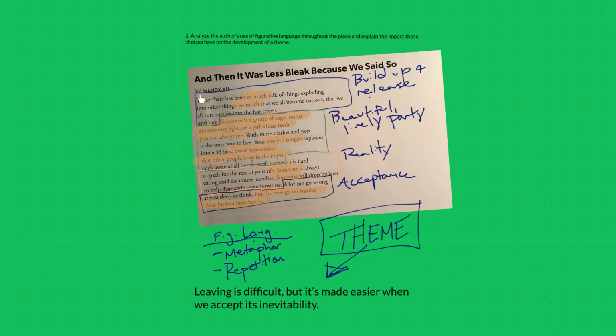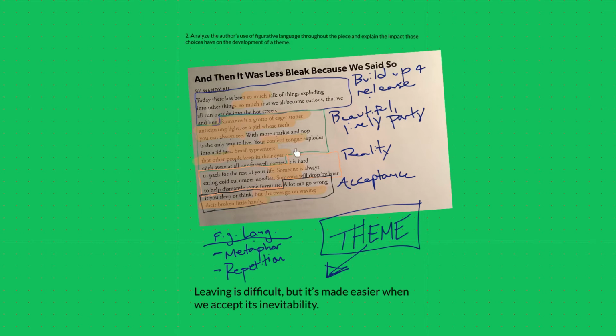But this first chunk shows how there's this buildup of anticipation, but then a release of that anticipation when the person who is leaving goes out and celebrates the time that she spent with the people that she's leaving. This next chunk is about that celebration, where people are just letting it all out and enjoying themselves before they have to go.